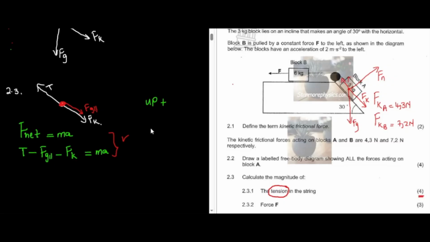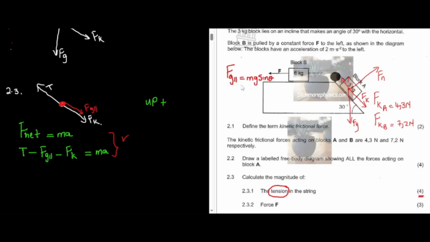So now remember Fg parallel. For the fact that you are watching this lesson where we are doing past paper, I'm going to assume that you already know that the formula for Fg parallel is mg sine theta.